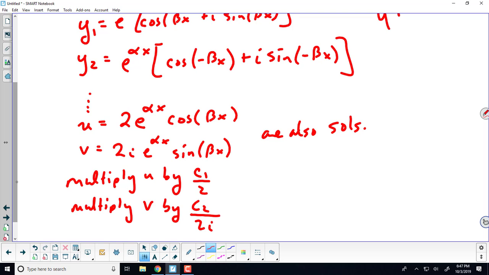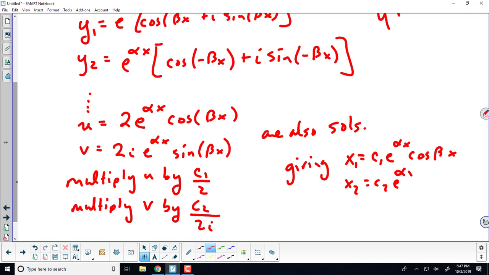Because scalar multiples of solutions are again solutions, that would give us two separate solutions: x1 equals c1 e to the alpha x cosine beta x, and x2 equals c2 e to the alpha x sine beta x.